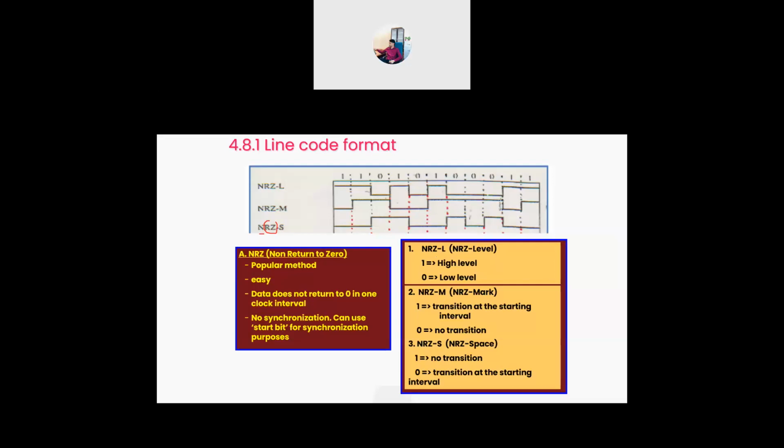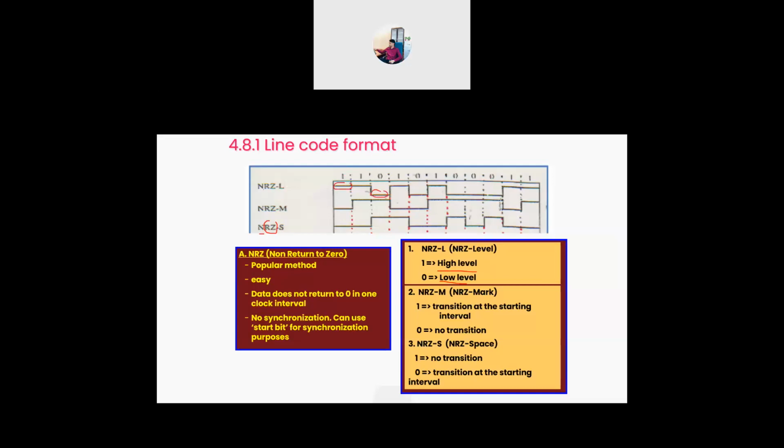For the NRZ, 1 is the high level, and 0 will be the low level. So you can see this, if you have these as the bits, binary 110. For non-return to zero L, high level will be 1, and the low level will be 0.